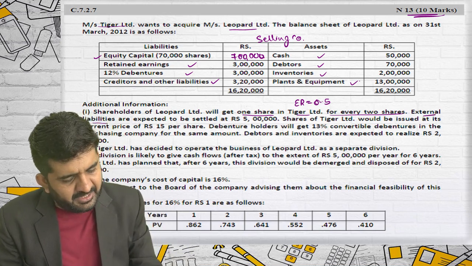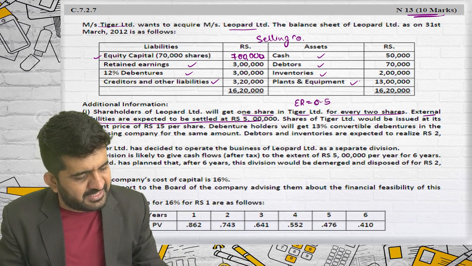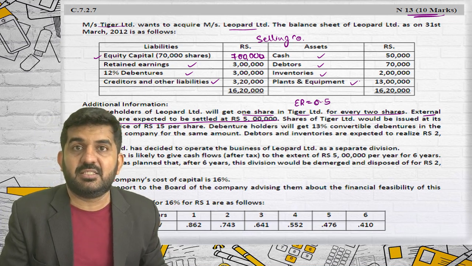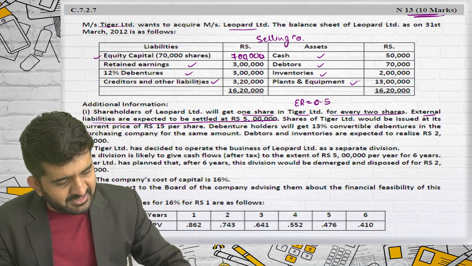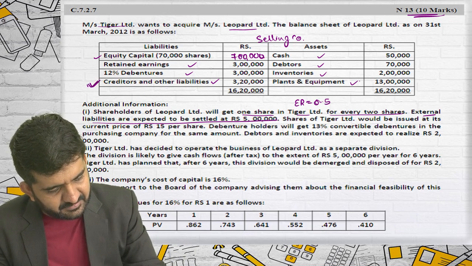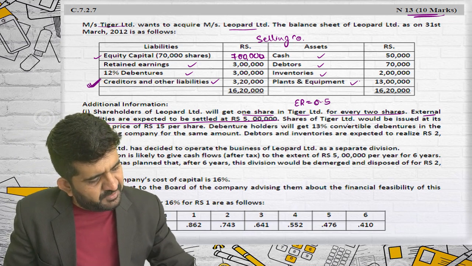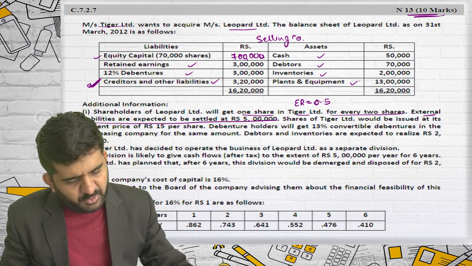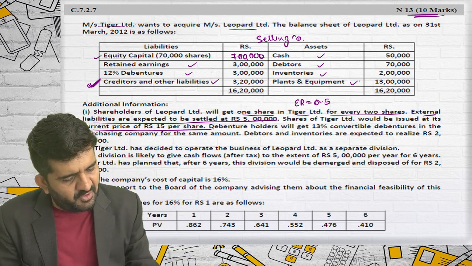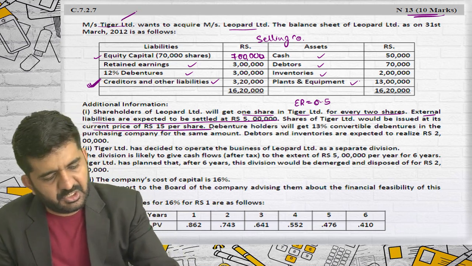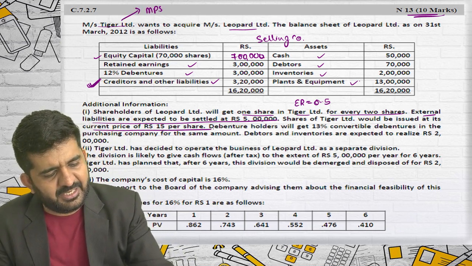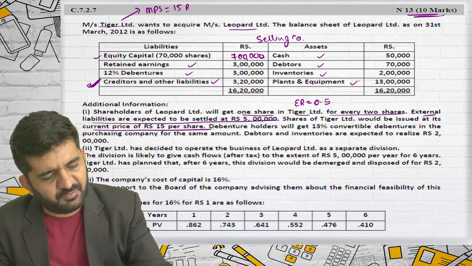External liabilities are expected to be settled at 5 lakhs. What are external liabilities? This. Shares of Tiger Limited would be issued at its current price of 15 rupees. So Tiger Limited MPS is 15 rupees.